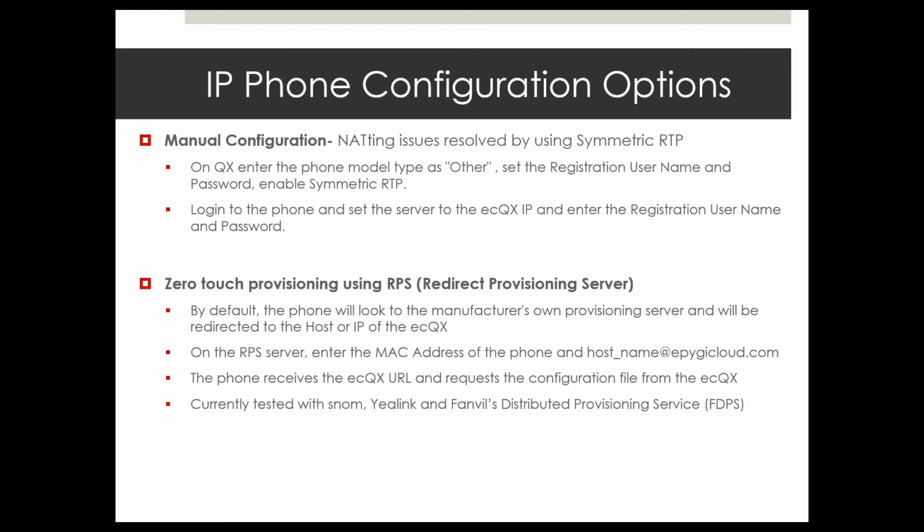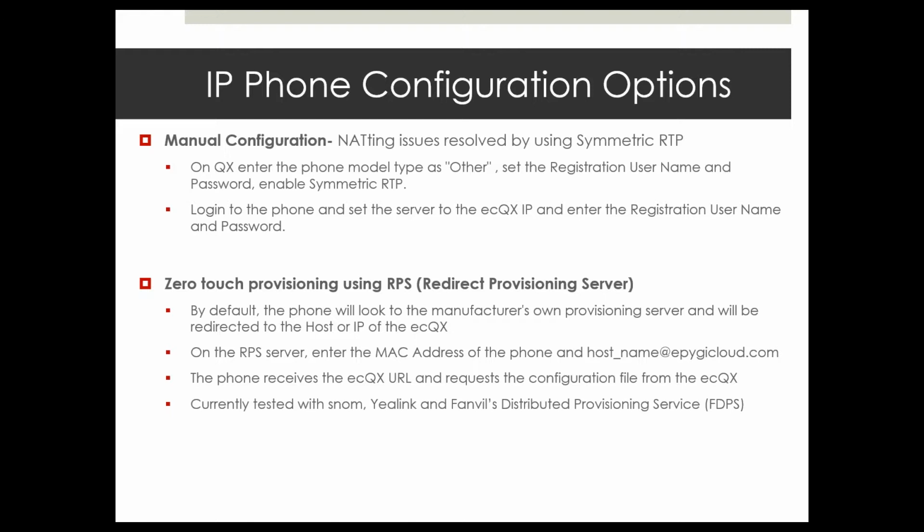There's also auto configuration using an OpenVPN, where the NATing issues are resolved by a VPN connection between the phone and the QX. You also get an added benefit of a secure connection between the two, and it also allows for a connection to the phone GUI if your PC also has that same OpenVPN connection.